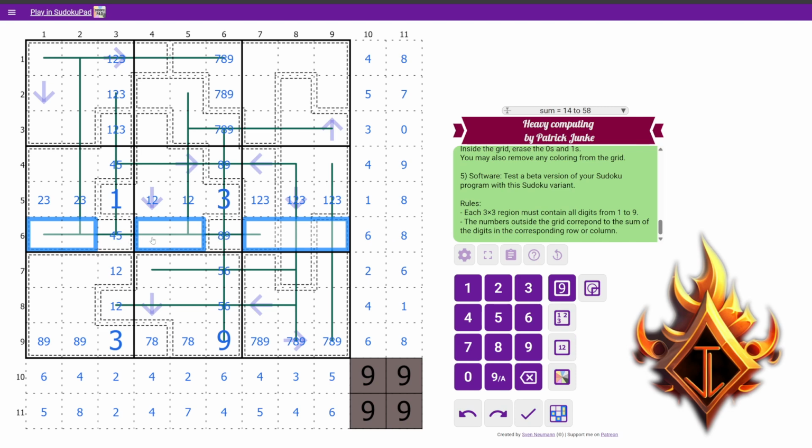And the only way we can do that is with a 9, 5.